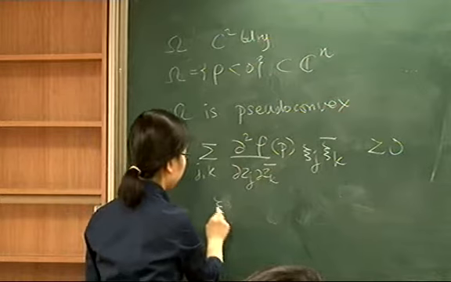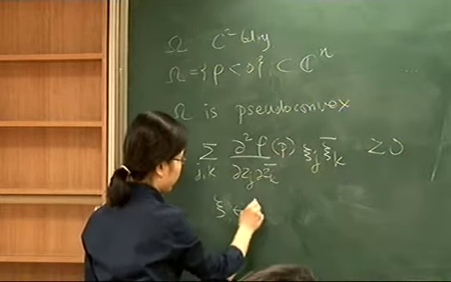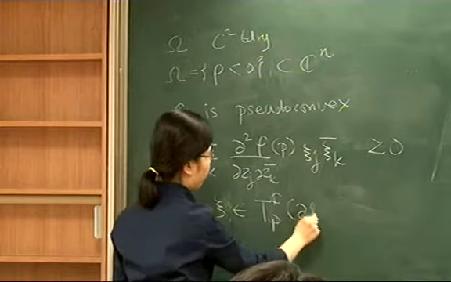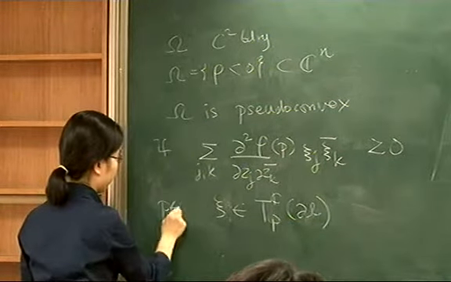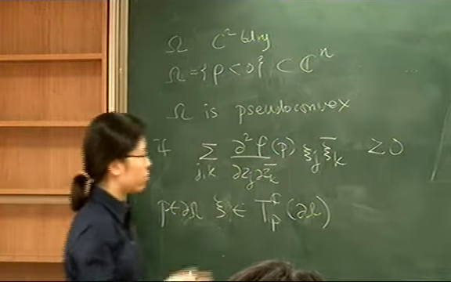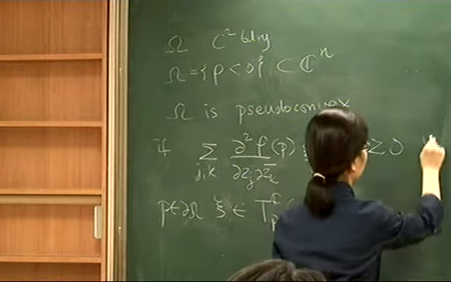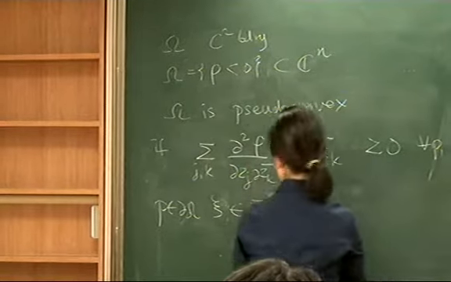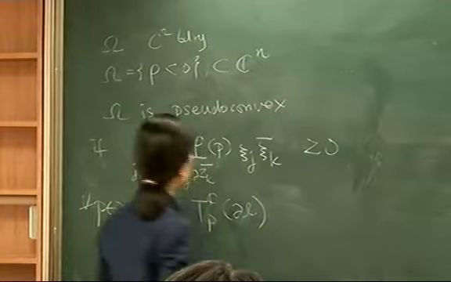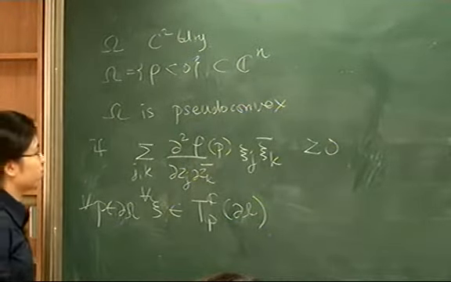So here this C is in the complex tangent space of the boundary, and P is any boundary point. So this must be true for all P and for all C. Then it is called pseudo-convex.